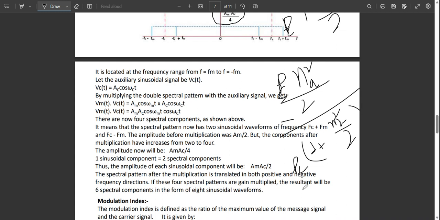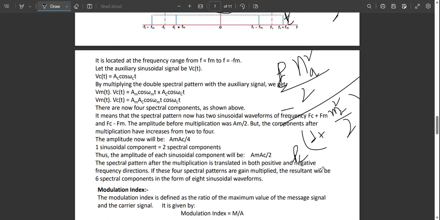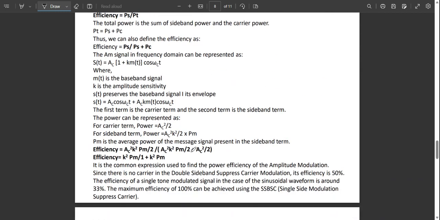Pc is cancelled and 2 is cancelled. The answer is ma square by (2 plus ma square). So for any AM signal, the efficiency will be ma square by (2 plus ma square).